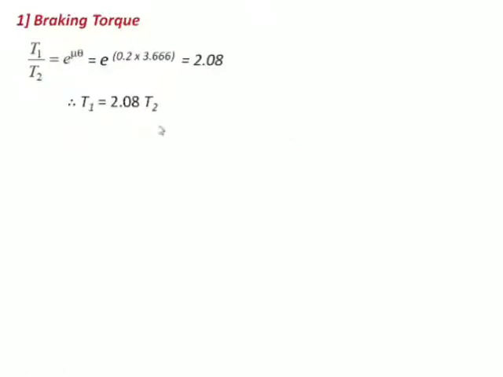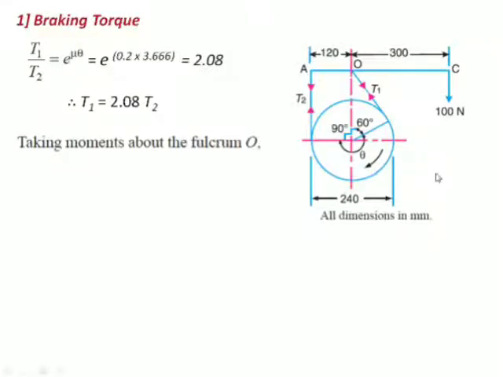Now let us take moments about fulcrum O to find out these forces. So again we refer to the diagram. When we are taking moments about O, the force T1 is passing through the fulcrum point, therefore the moment due to T1 will become 0.